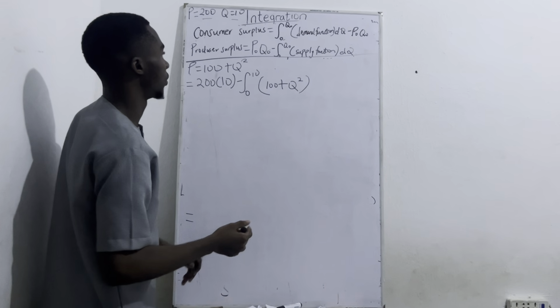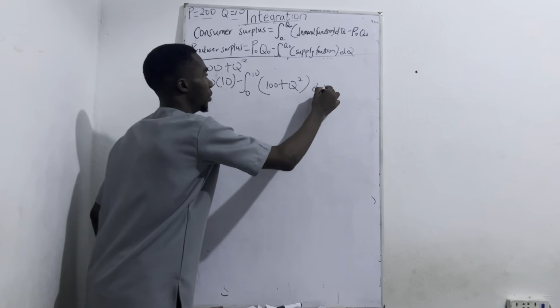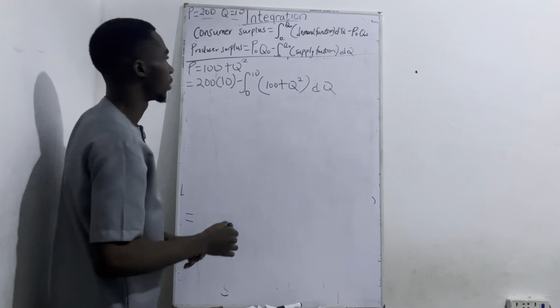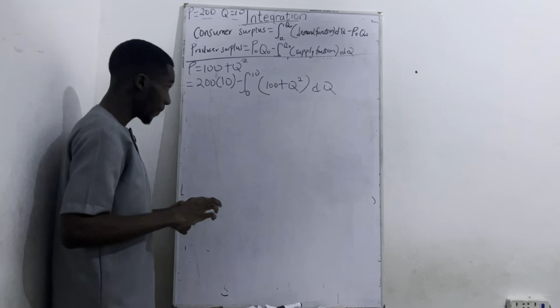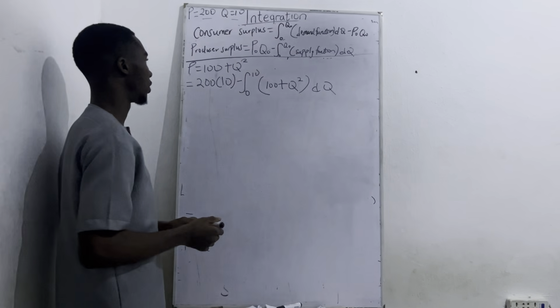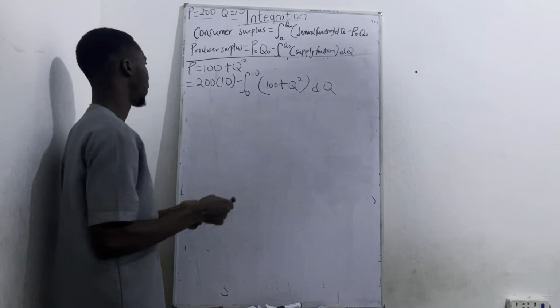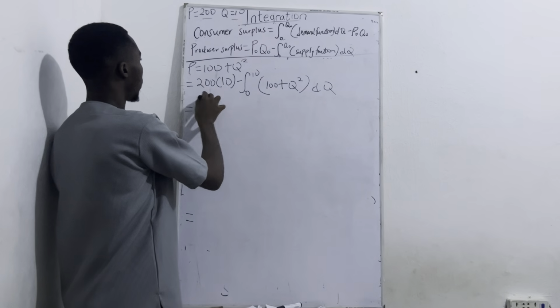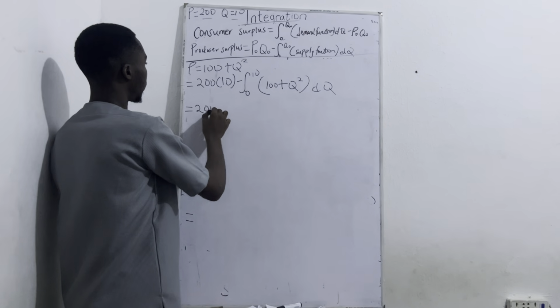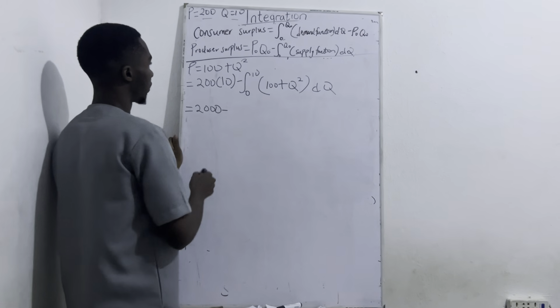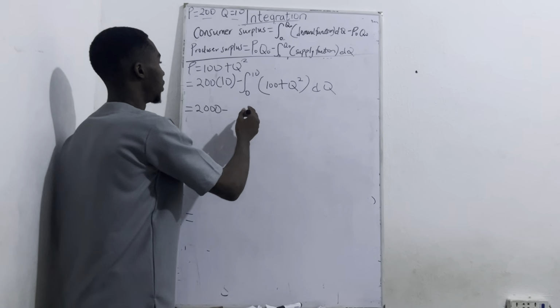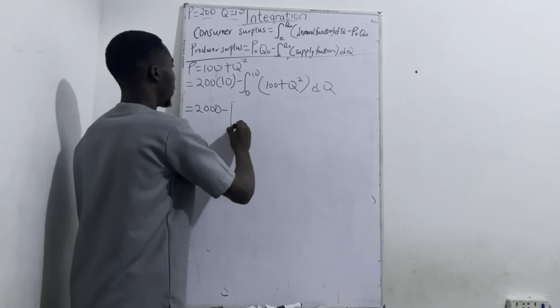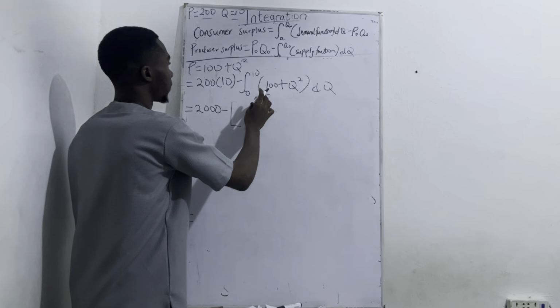So yes, it's the same thing. You can bring the dQ here, indicating that you are integrating the supply function. All right, so here too, we can simplify. So it's equal to 200 times 10 is 2000 minus. If we are going to integrate this, you open our brackets, then you are getting 100.